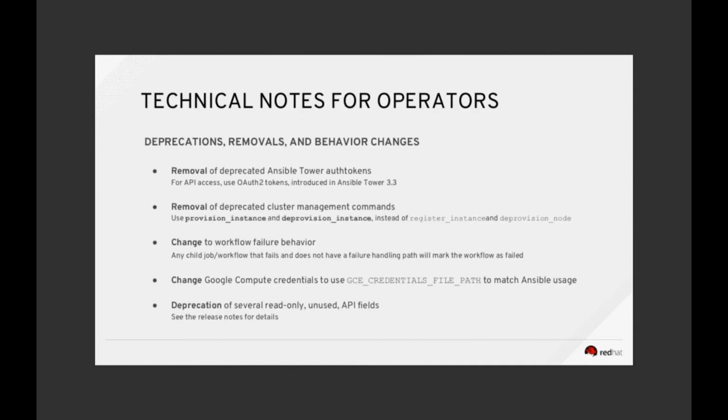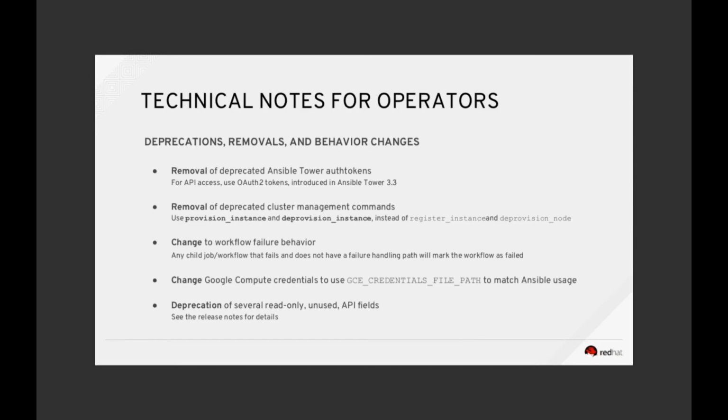There are a few other notes and caveats. This is cribbed from our Ansible Tower release notes that you may want to be aware of. We have removed some deprecated features, such as deprecated cluster management commands and deprecated older style authentication tokens. Here you can see some of the new commands that you use that have been available for a while, including new OAuth 2 tokens that were introduced in Ansible Tower 3.3.